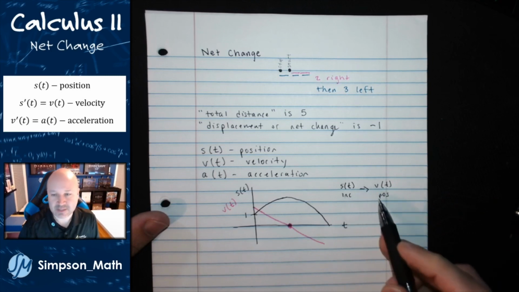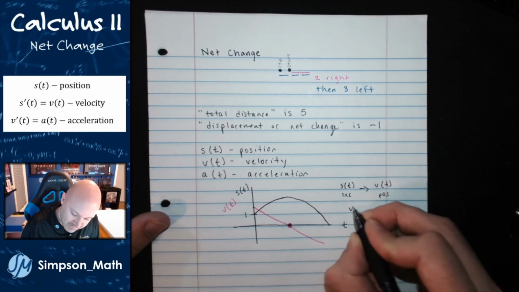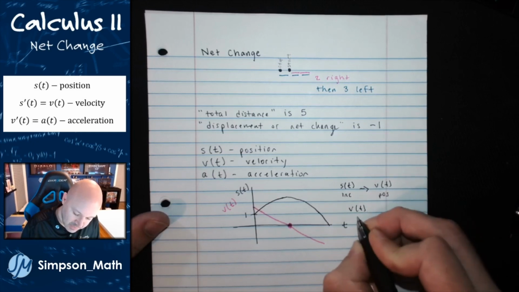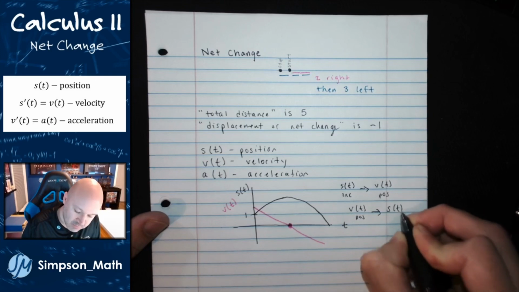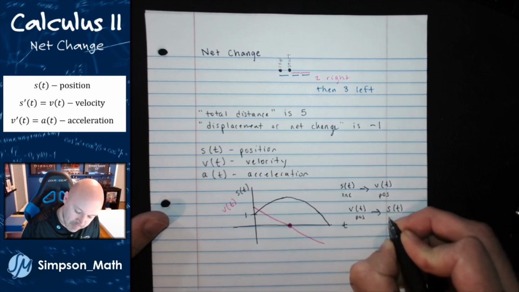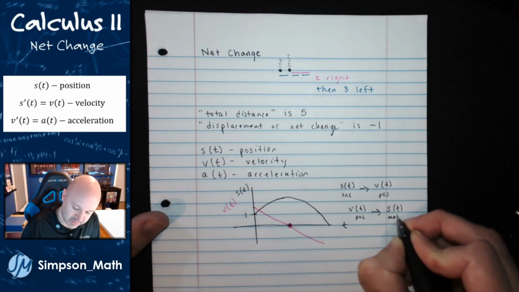So if it's decreasing, it's negative. And then the other way around, when velocity is positive, then the object is moving in a positive motion. I'll put motion as positive.